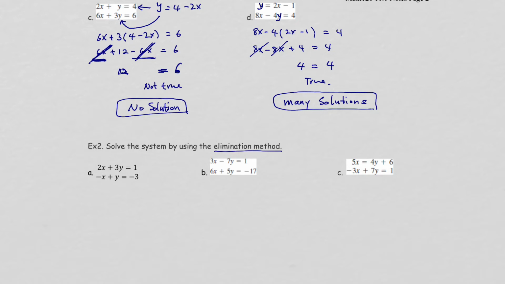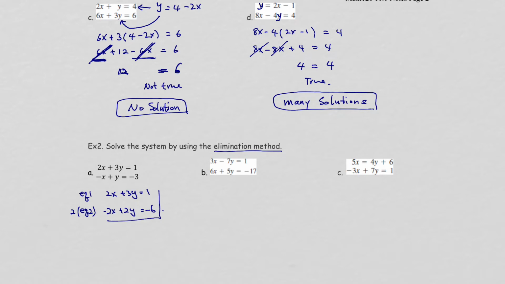I will just write equation 1 as it is. That's going to be 2x plus 3y equals 1. But equation 2, I'm going to multiply by 2. That's going to give you -2x plus 2y equals -6.